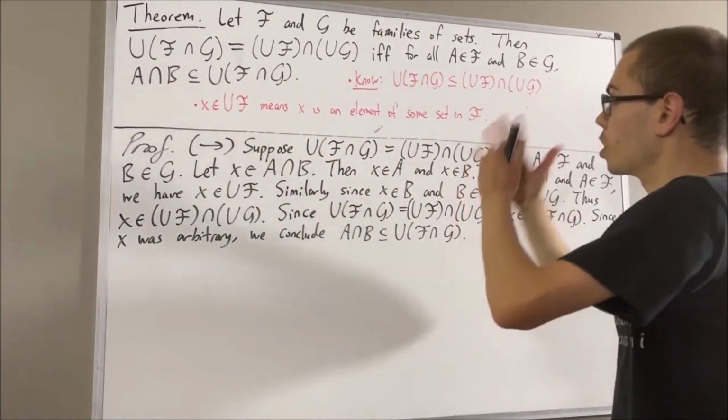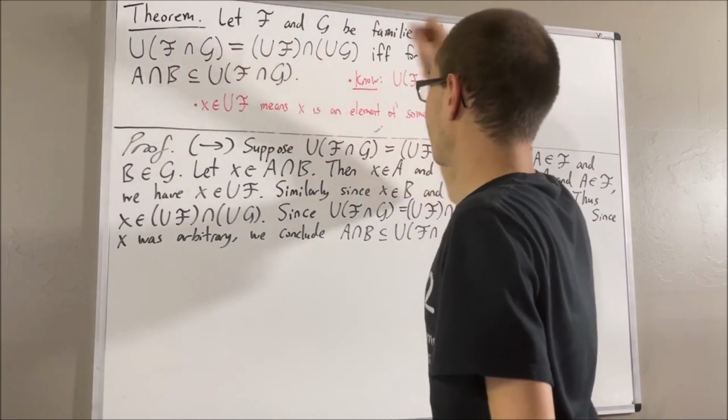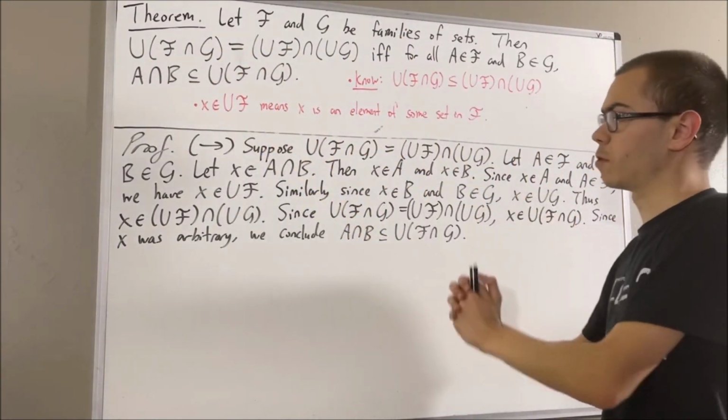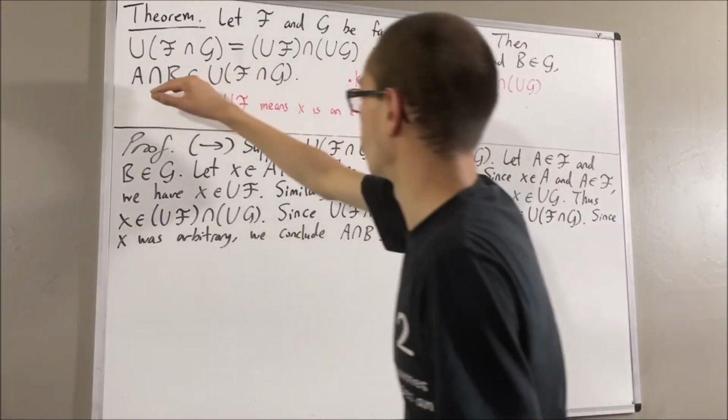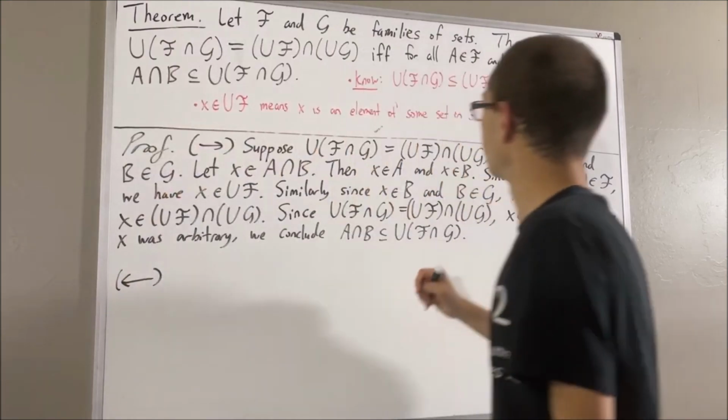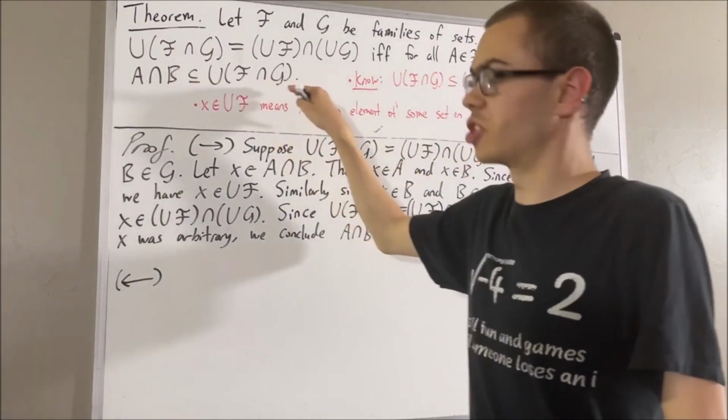So at this point, we have shown if this is true, then this is true. Now we're going to prove the converse. That is, we're going to show if this is true, then this is true. To do so, suppose that this is true.